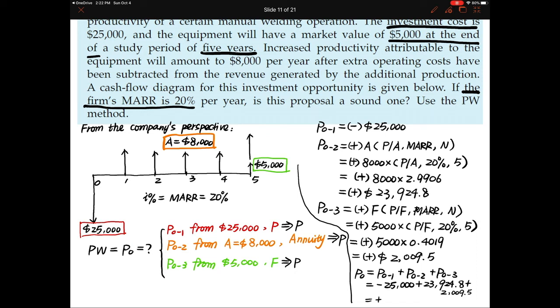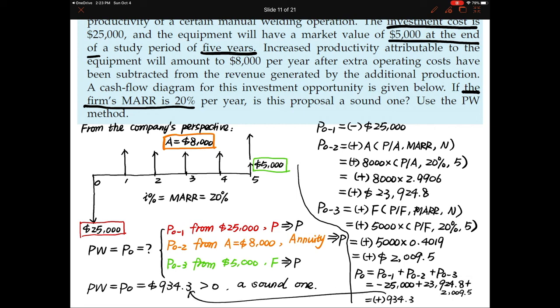The final result is positive 934.3. So your PW is P0, which is a positive number, 934.3. It is bigger than 0, obviously, which means this project is a sound one. Okay, so that is your conclusion.